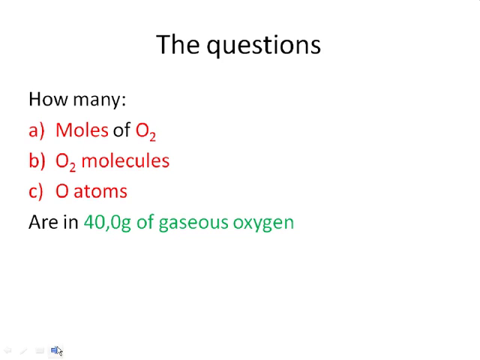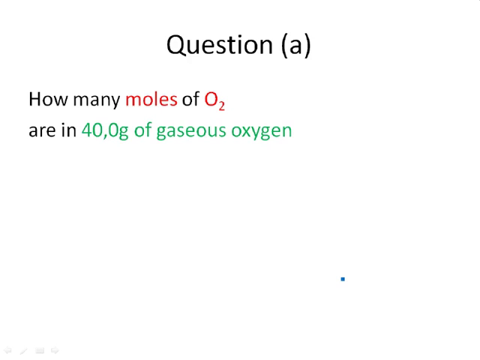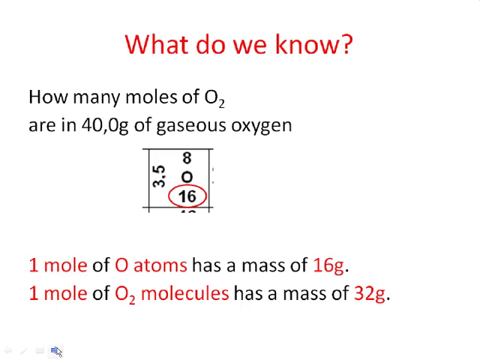These are our questions. Let's begin with question A. How many moles of oxygen are in 40 grams of gaseous oxygen? Gaseous oxygen is just another way of saying O2. We know that the molar mass of oxygen is 16 grams per mole, meaning that 1 mole of O, in other words O atoms, has a mass of 16 grams.